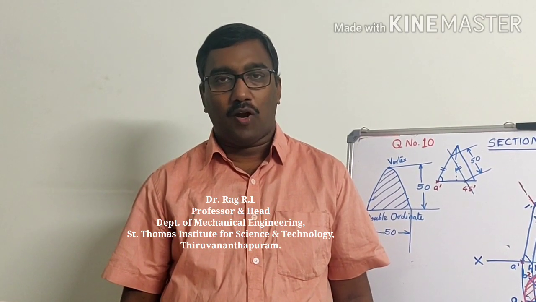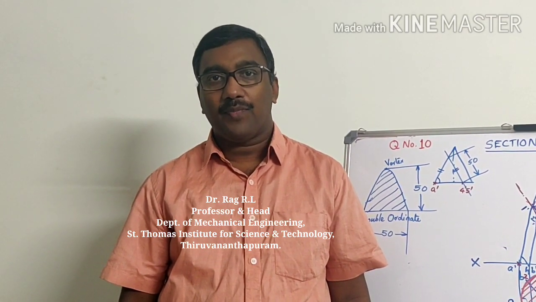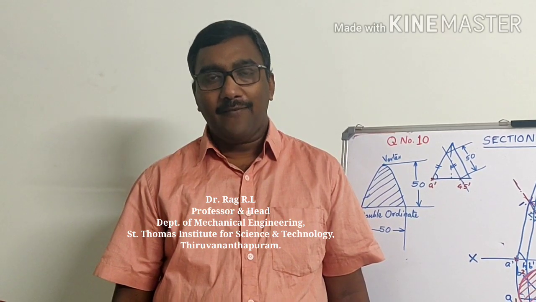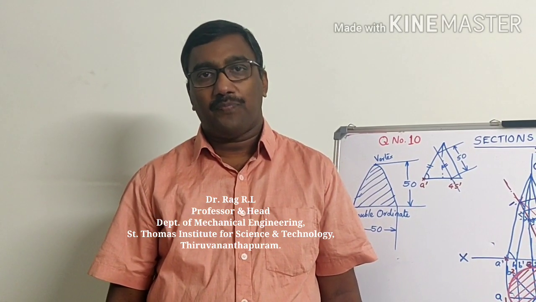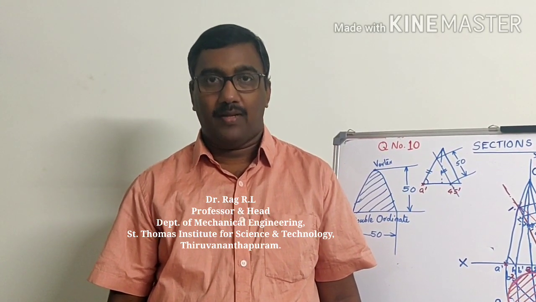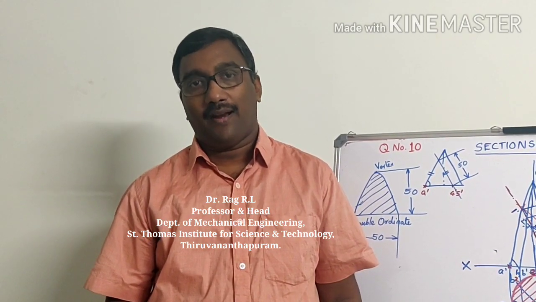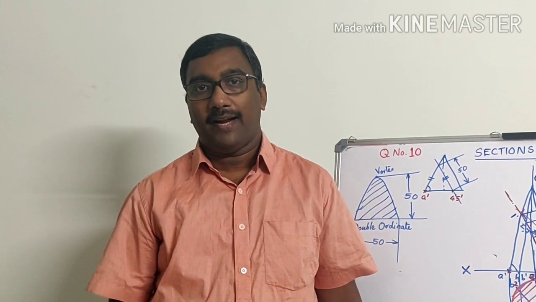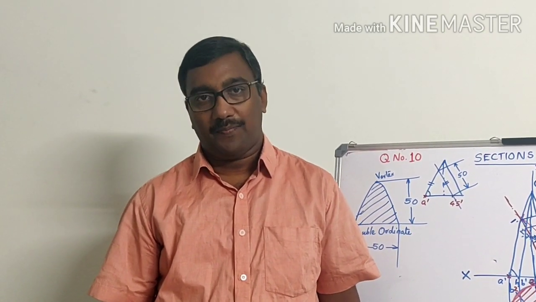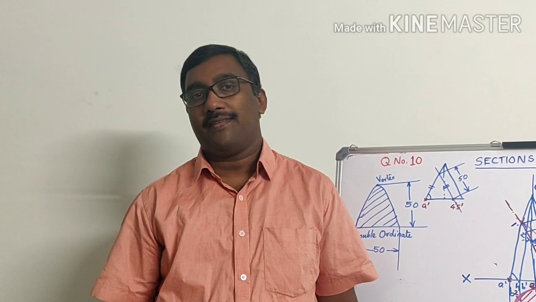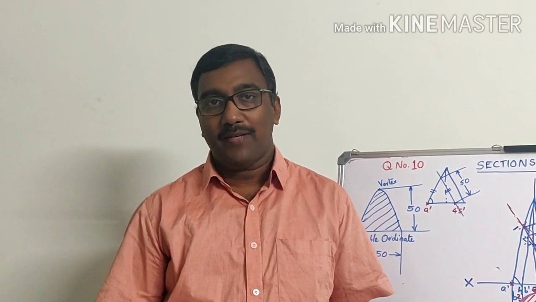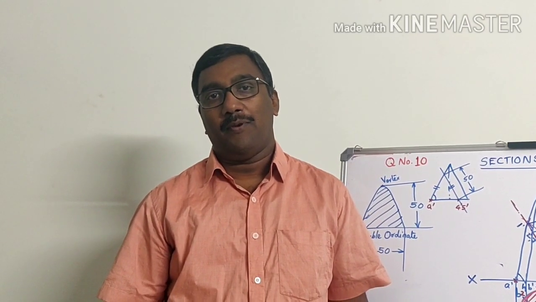We have drawn 10 figures, out of which 8 figures are related to the sections. The remaining 2 are related to the true shape of the section. The last 2 problems which we have done are of the same nature. Now you can complete these 2 problems as an assignment and submit it before 31st.